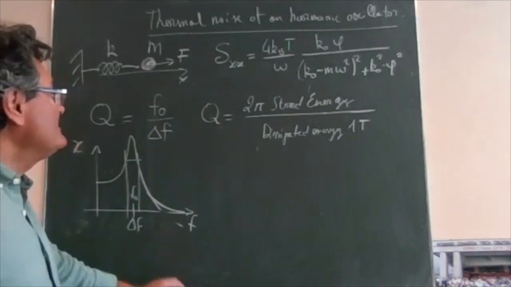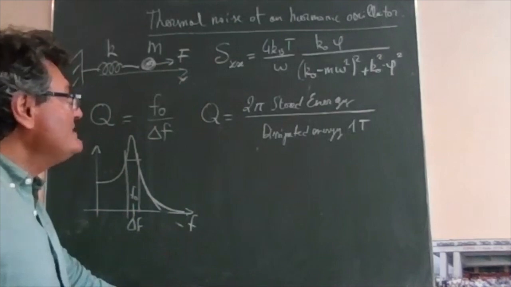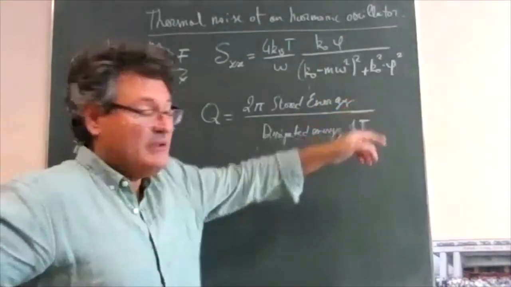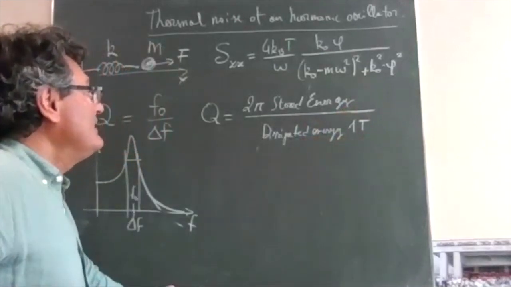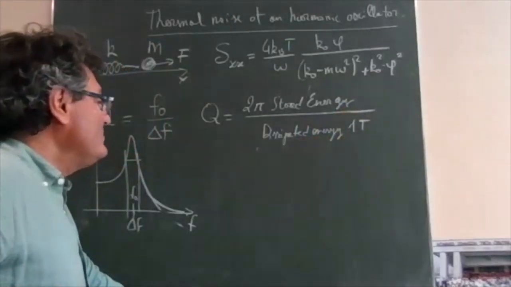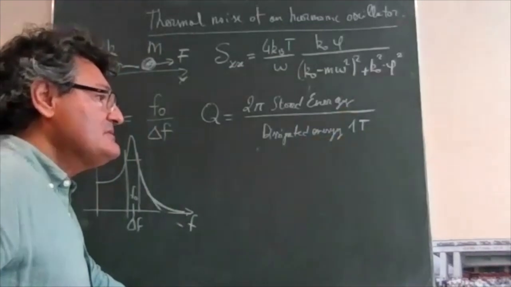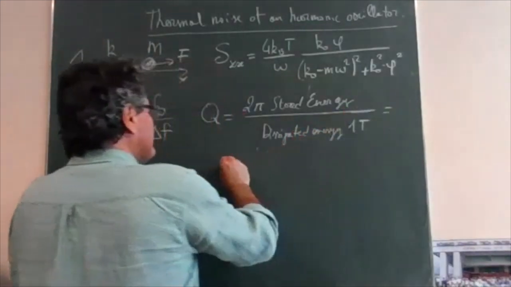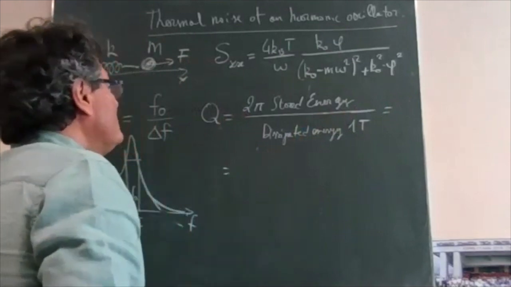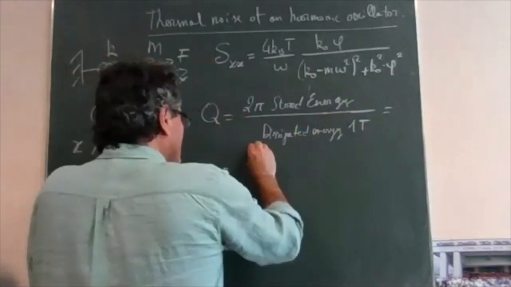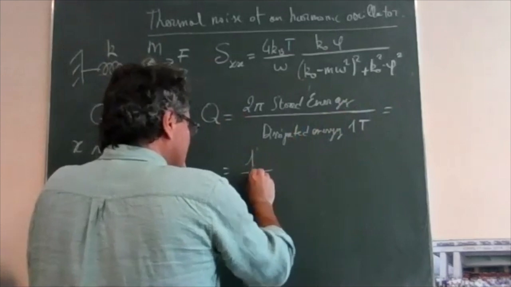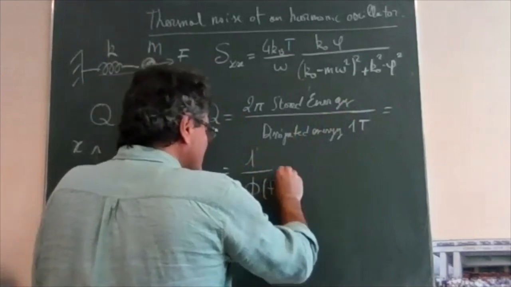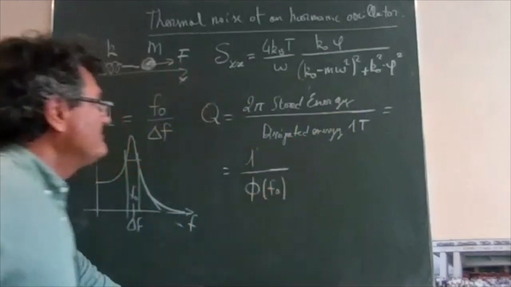So let's relate the quality factor to the loss angle. This is simply 1 over the loss angle at the frequency of the resonance.